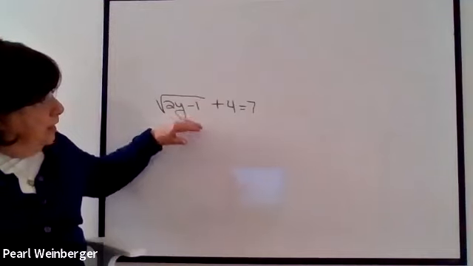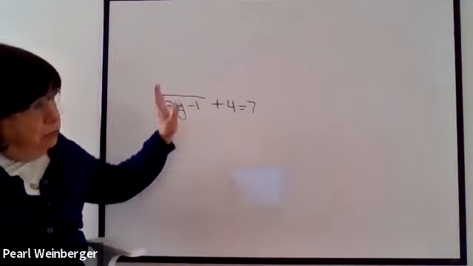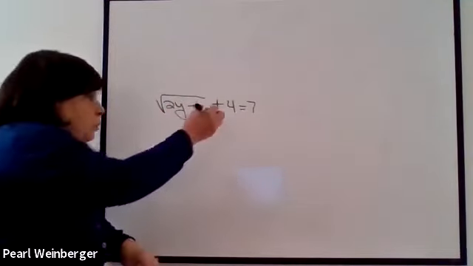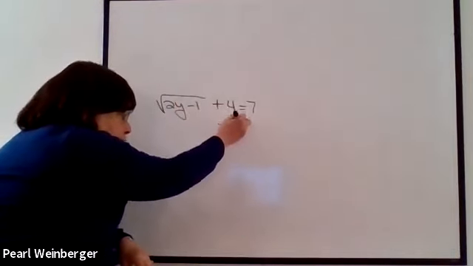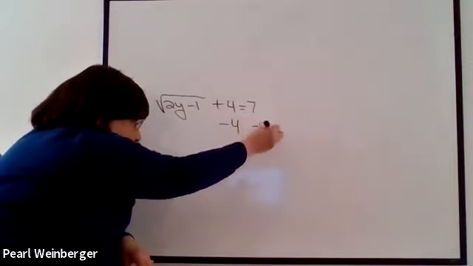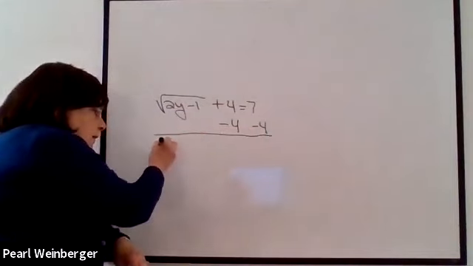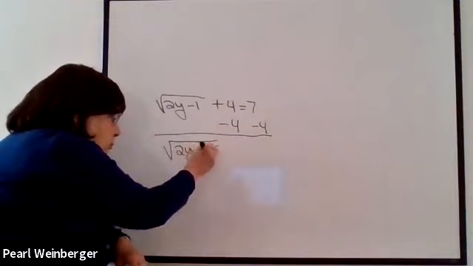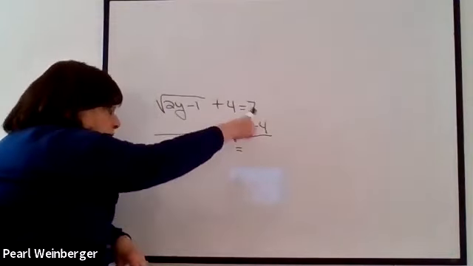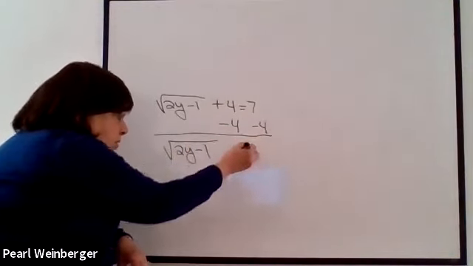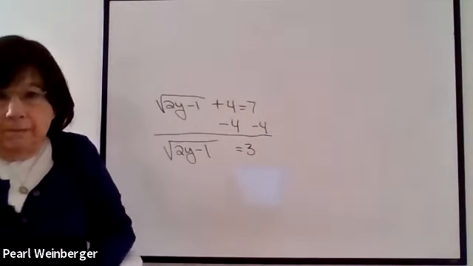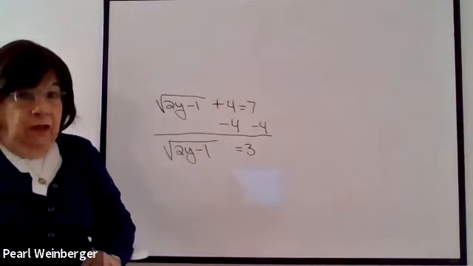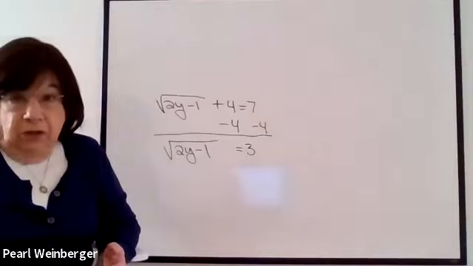You want to get anything that's not in the square root to the other side, which means subtract 4 from both sides. And that'll give you the square root of 2y minus 1 equaling 7 minus 4, which is 3. And then we do what we just did before.